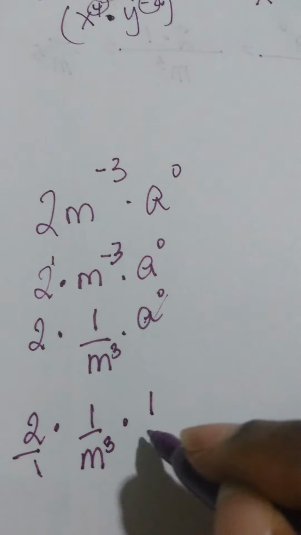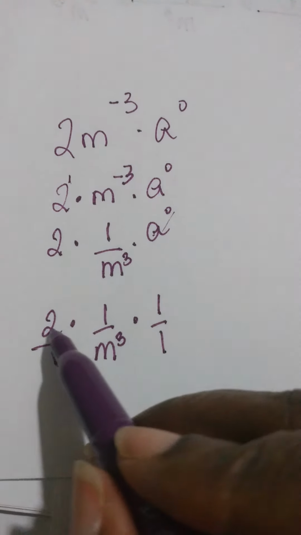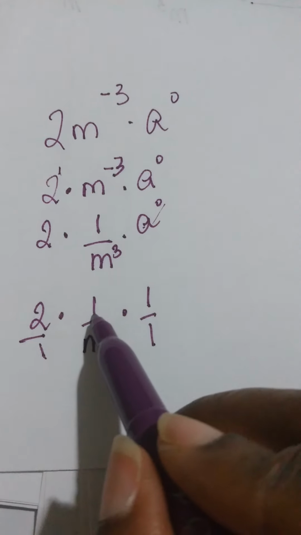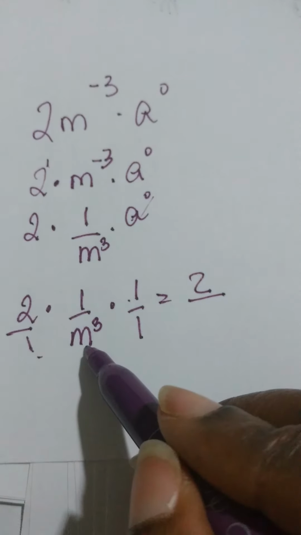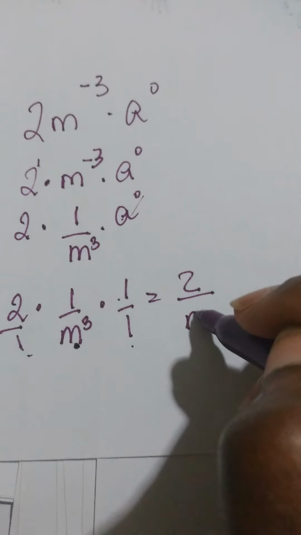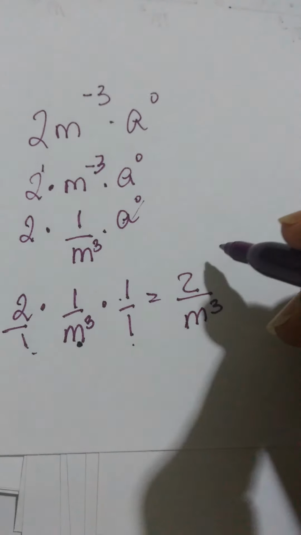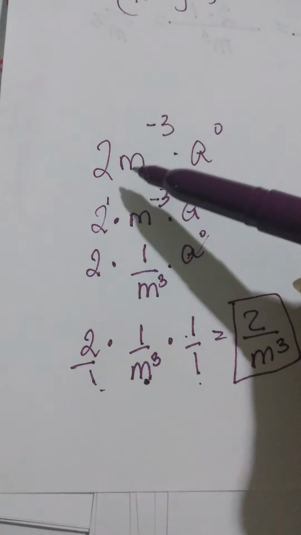And I can place that 2 over 1, 1 over 1. Now I just multiply across. 2 times 1 times 1, well, that is just 2. 1 times m cubed is still m cubed, times 1, well, that's just m cubed. So this is my final answer for this one. So notice how I break it down.